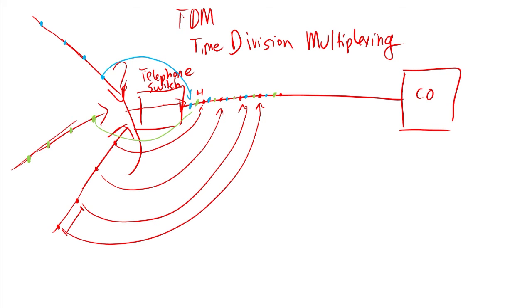So the way that TDM works technically is with a more complicated algorithm that kind of predicts which streams get which space. But we want to make sure that we sample each person.